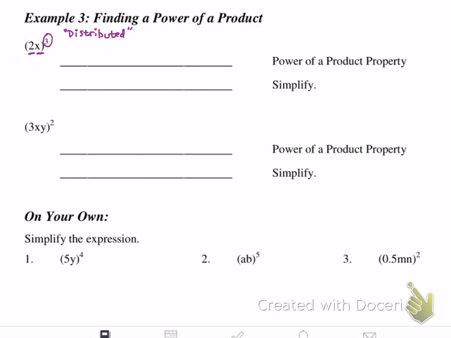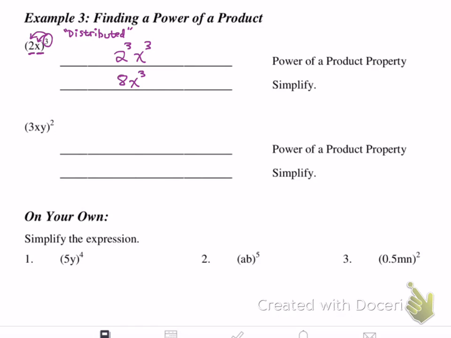I put that in quotation marks just because it's not the technical term, but that's how a lot of students understand it. So meaning this cubed goes into the 2 and to the x. It goes into each base. And so we have 2 cubed times x cubed, and we know 2 cubed is the same thing as 8. And so our final simplified expression is 8x cubed.